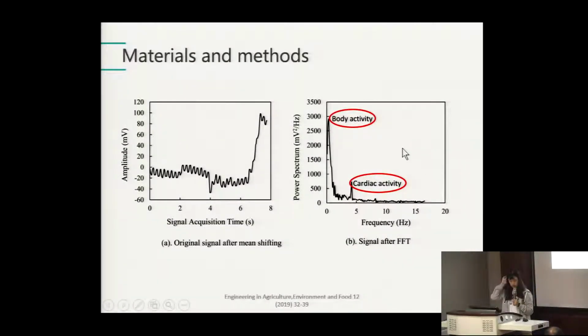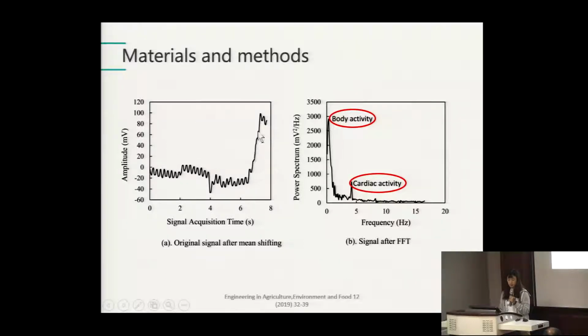and the voltage signal obtained by the NIR sensor was transformed into the frequency domain using the fast Fourier transform. These figures show the original time domain chicken embryo activity signal. The small fluctuation means the heartbeat.